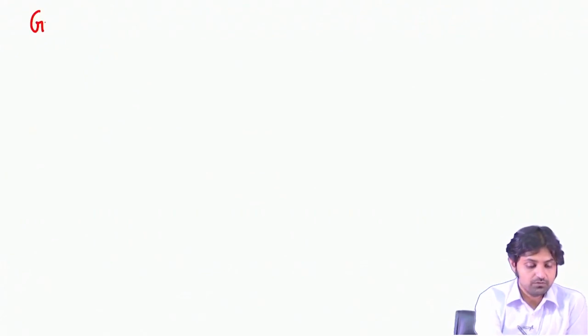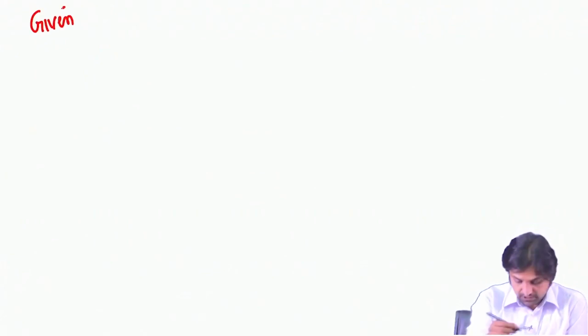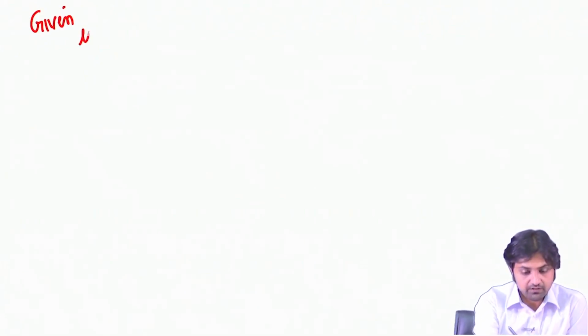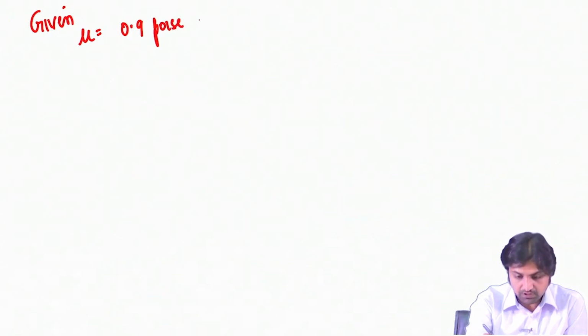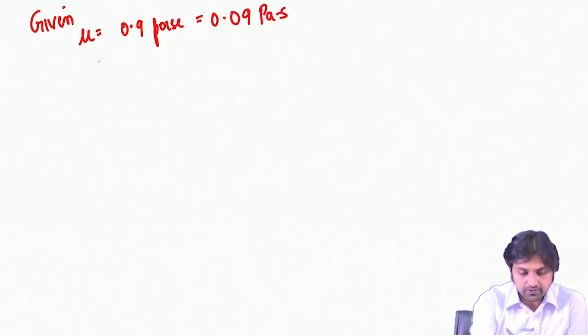As always, we are going to write the things that are given. Mu is 0.9 poise, or in SI unit 0.09 Pascal seconds.